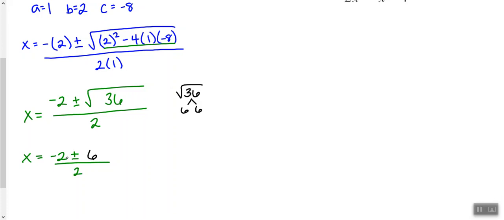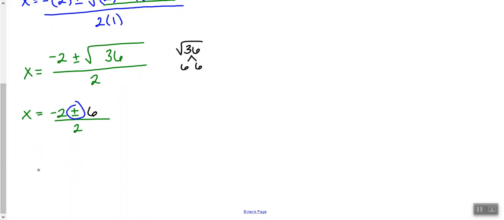Plus or minus now is going to create two different fractions for us. So one, I'm going to have x equals negative 2 plus 6 over 2. And then the second one is x equals negative 2 minus 6 over 2. If you're good with the calculator, you could plug all that in, or we go step by step.